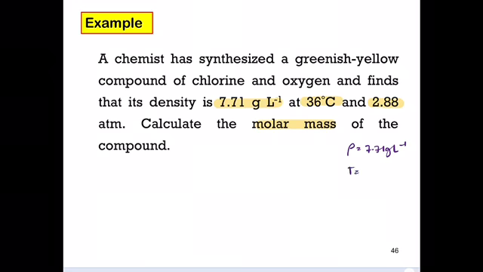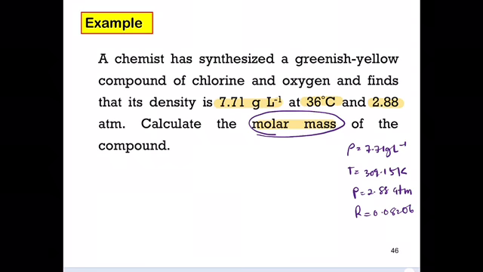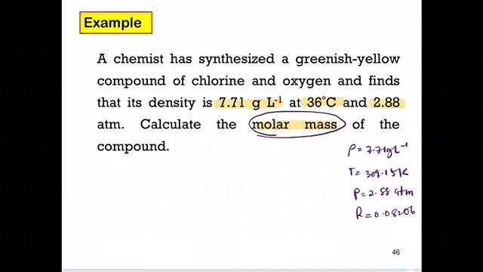And then we have temperature, 36 degrees C. We know that we have to convert it to Kelvin, so it is equal to 309.15 K. And then the pressure, 2.88 atm, and of course we know our R is 0.08206, and we have to calculate the Mr. So this is the application of the ideal gas equation, derived from PV equal to nRT, where n is mass over molar mass.